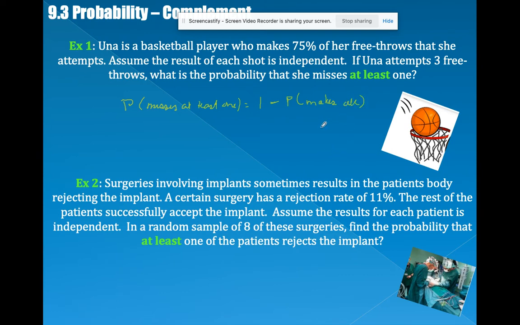Well, what's the probability that she makes them all? 75%. So this is going to be 0.75, right? How many times? All. How many times? 3. So 1 minus 0.75 cubed. And I got 0.578, or 57.8%.